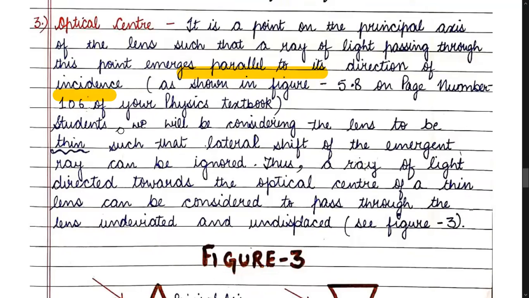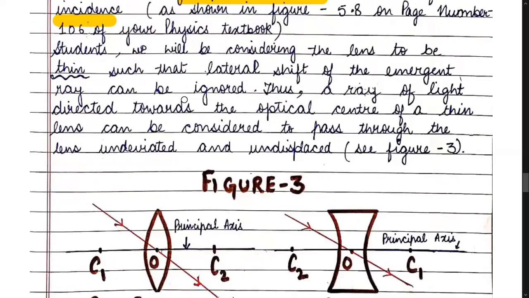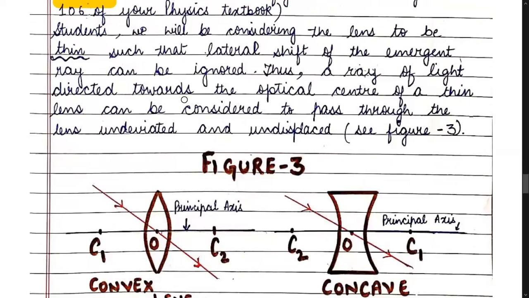Students, optical center is a point on the principal axis of the lens such that whenever a ray of light is passing through this point, the light emerges parallel to its direction of incidence. And it is shown in figure 5.8 on page number 106 of your physics textbook.